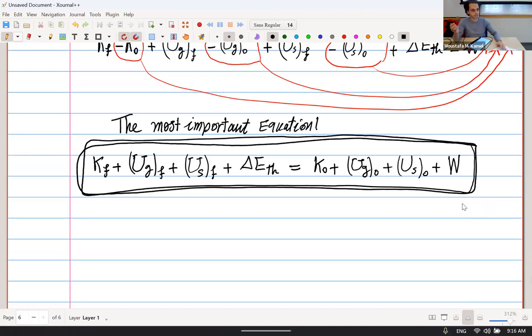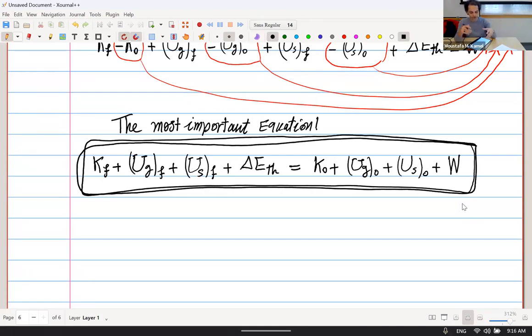What does it say? On the right-hand side, we have the initial inputs. So you have the initial values for energies and the work input, the work done on the system. On the left-hand side, you have the final values for energy and the change in thermal energy.